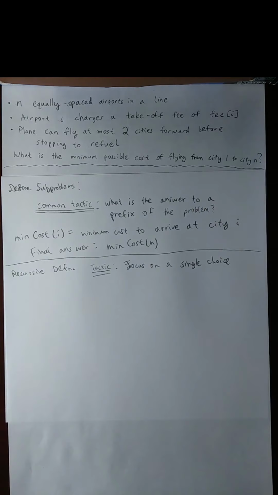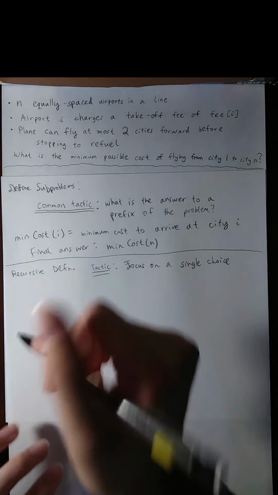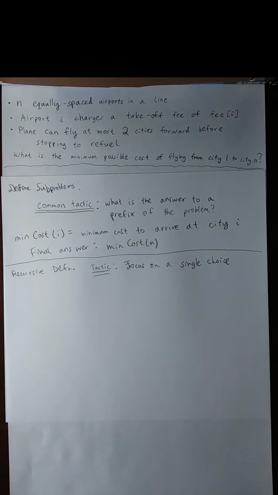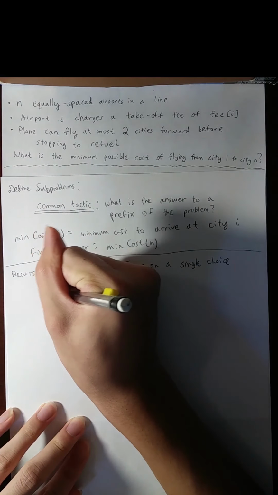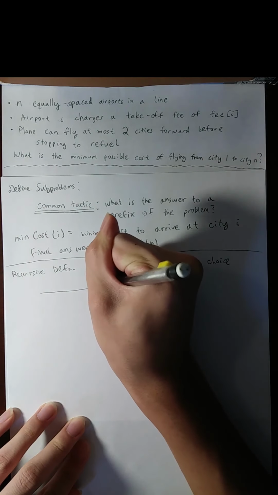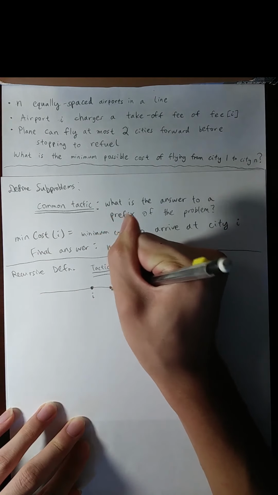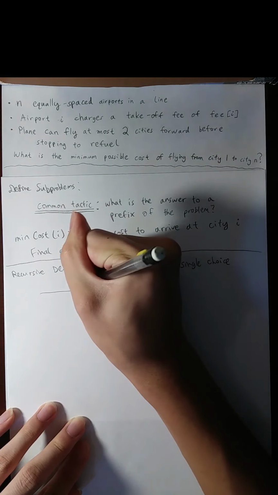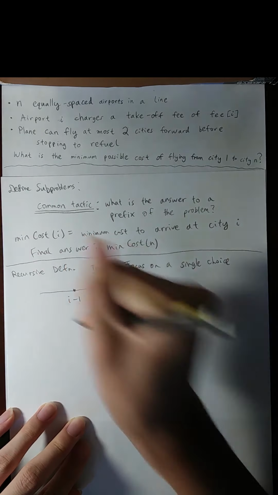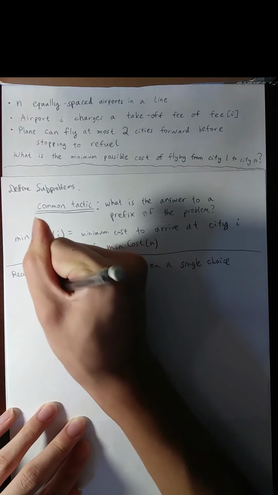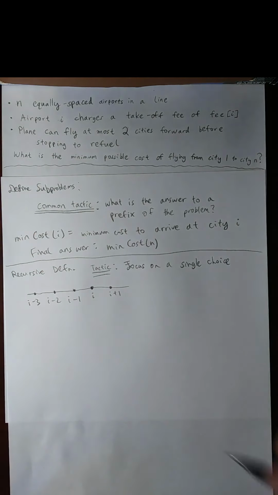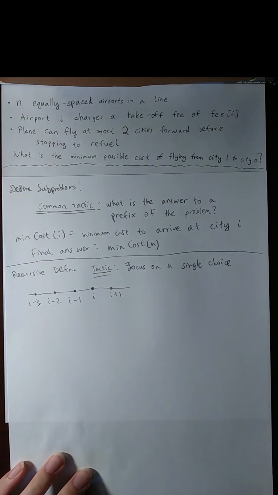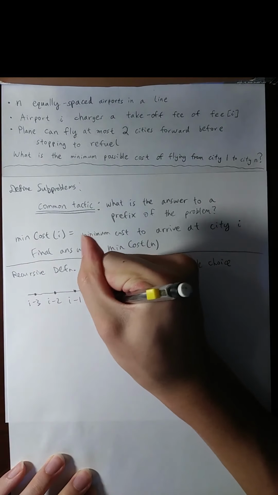Now, what is the choice that we're focusing on in this problem? Well, we can think about what the last flight we took was to get to City i. So, let's think maybe we're in City i right now, and then to the right there's City i+1, and so on, and to the left we had City i-1, i-2. Maybe a bit further left, we have City i-3. And then now, we want to ask ourselves, what's the minimum possible cost to arrive at City i?